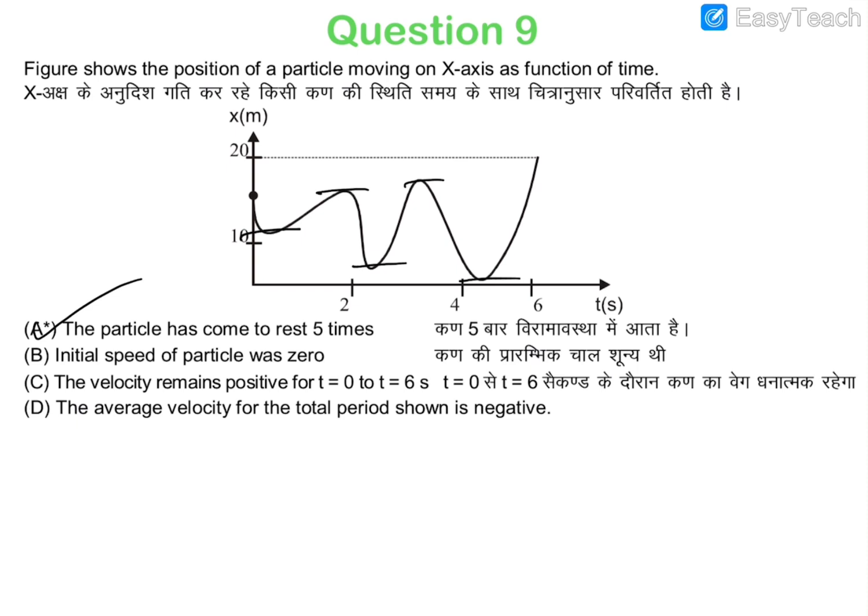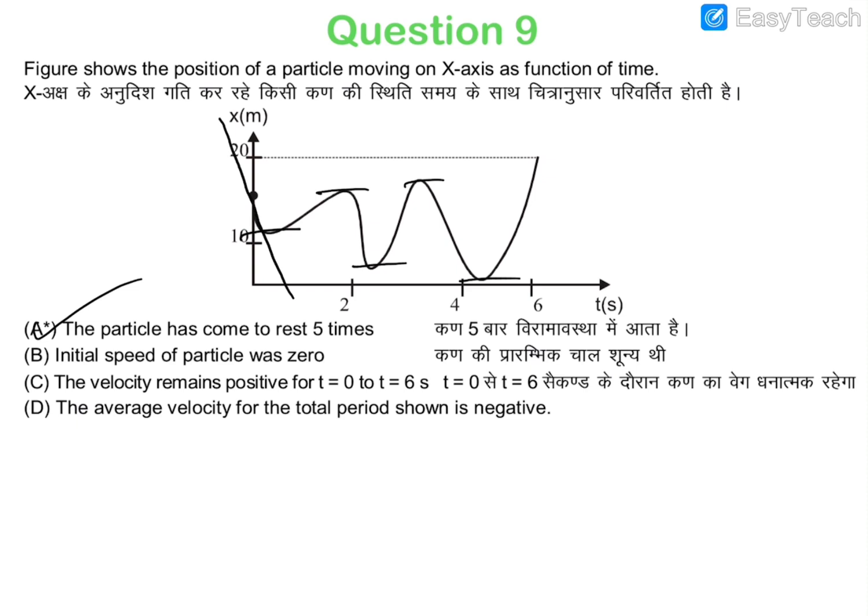The initial speed of the particle was 0. This is incorrect because initially the slope was not 0, you can see. The velocity remains positive for t equal to 0 to t equal to 6. This is also incorrect because in between this time the velocity is becoming negative too. The average velocity of the total motion is negative.